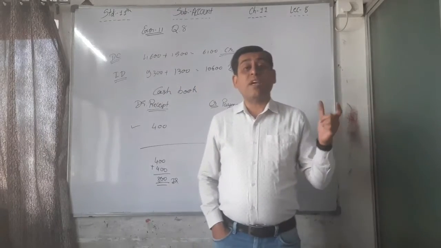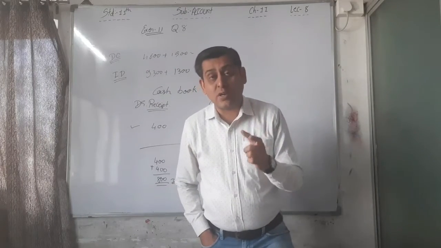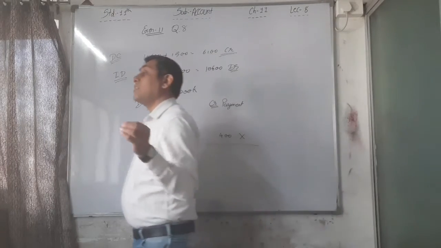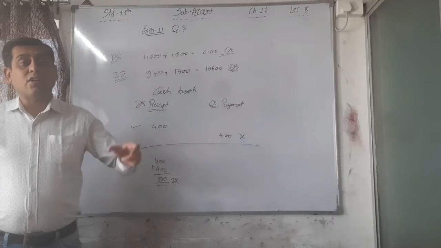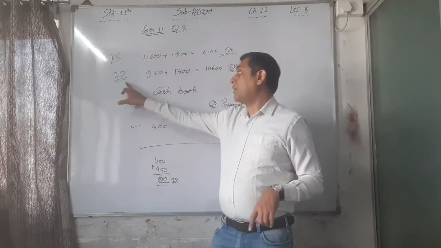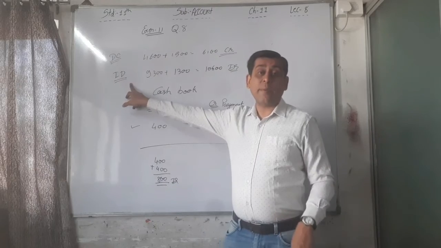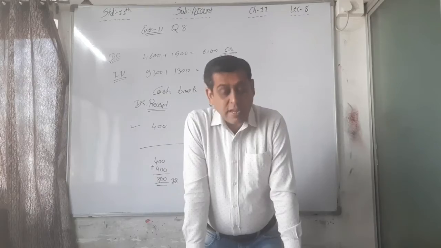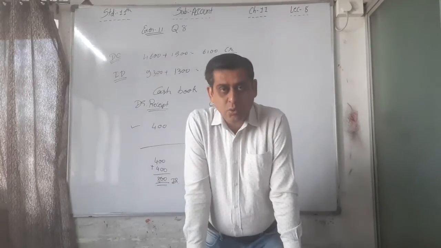So the bank gave that particular check back to the owner. Here the check is not presented till 31st December. So check issued but not presented. That's why debit the amount 2000, 9th point.